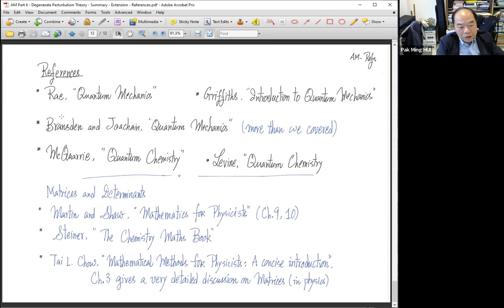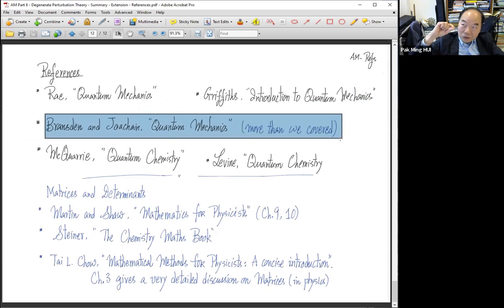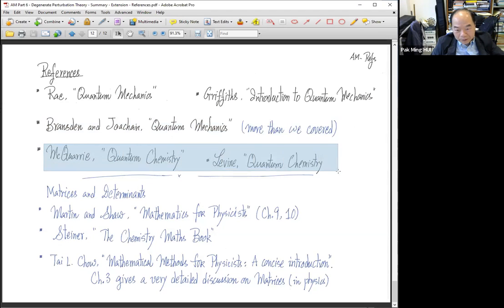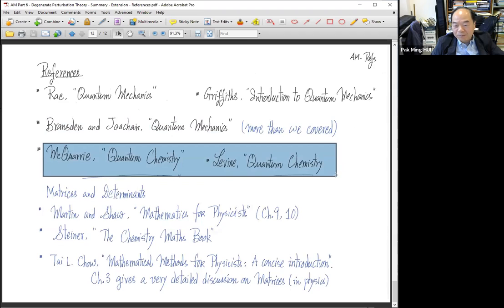This one takes you slightly to the edge of the beginning postgraduate level. But very clear, it started from nothing, assuming you don't know black body radiation. The last two books are quantum chemistry textbooks, but they are just as clear and as good as the physics books.